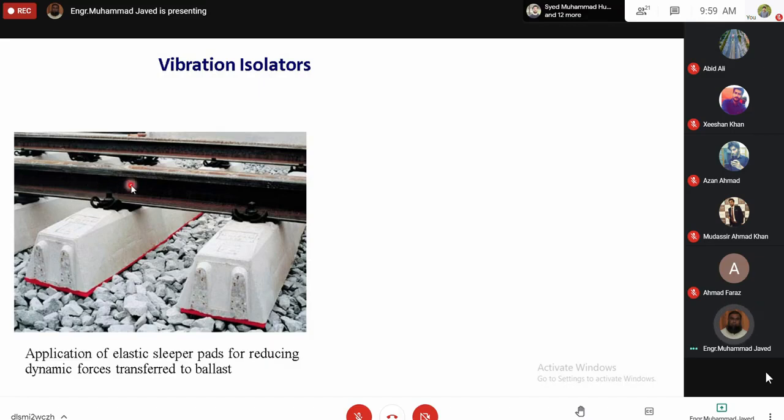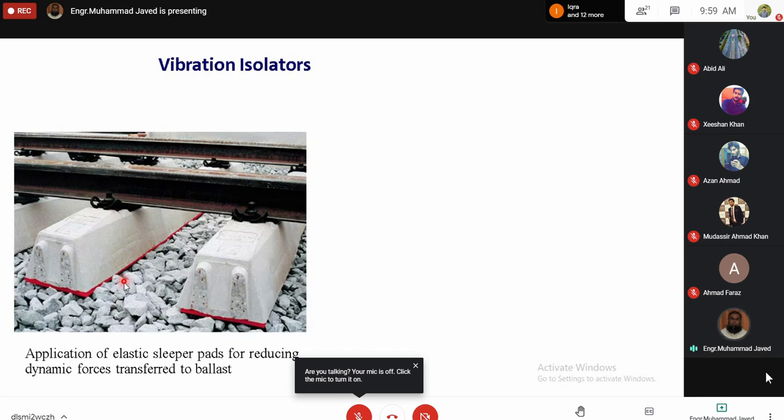So when the train passes on it, it produces impact loading, dynamic forces in the vertical direction, and this red rubber layer reduces those dynamic forces, and only a fraction of dynamic forces is transferred to the ballast below, and consequently we arrive at an economical design.